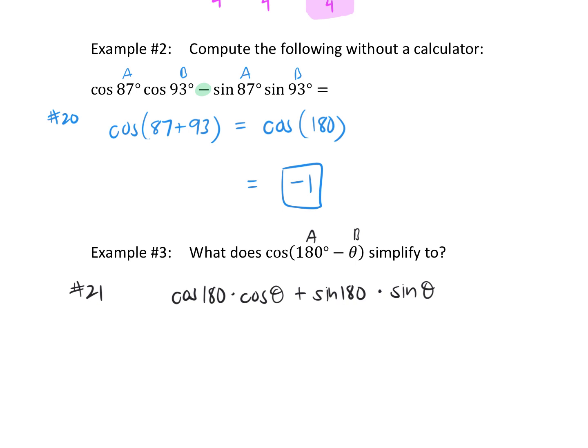And then we're going to simplify those unit circle pieces that we can. So cosine of 180, what's cosine of 180? -1. So I get -1 times cosine of theta. And then sine of 180 is 0, so I don't even need anything else. That's my answer. Negative cosine of theta.